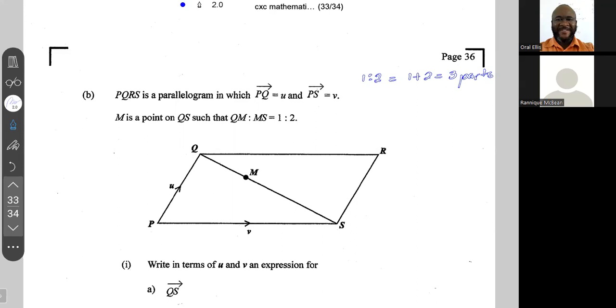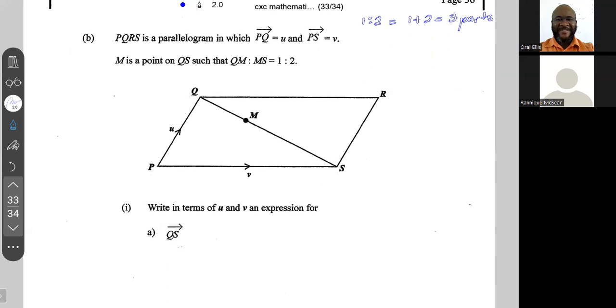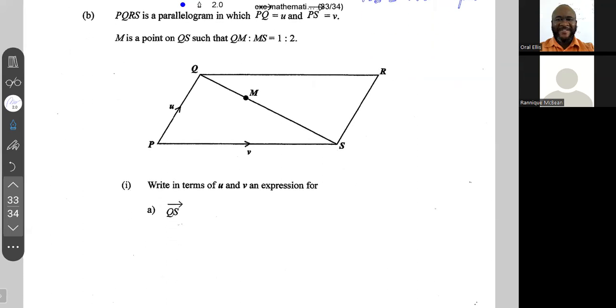We're to write in terms of U and V an expression for QS. Remember, whenever you're asked to find a vector, most times you're going to use the triangle law of vectors. So QS would be equal to QP plus PS.